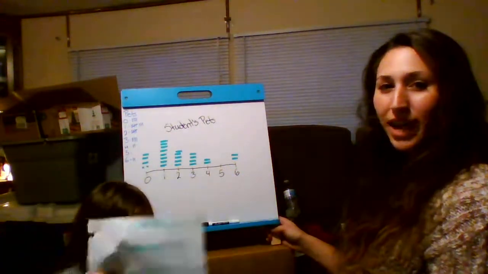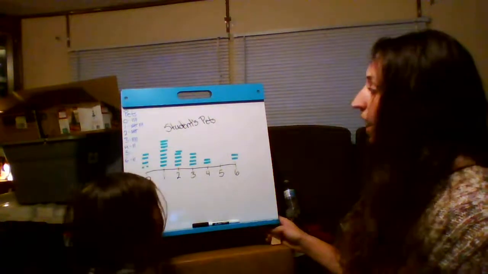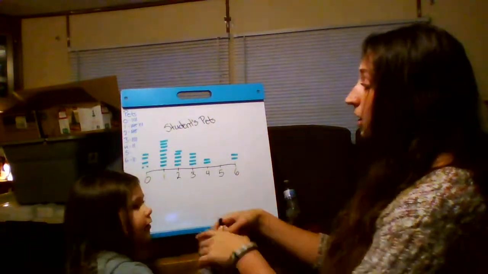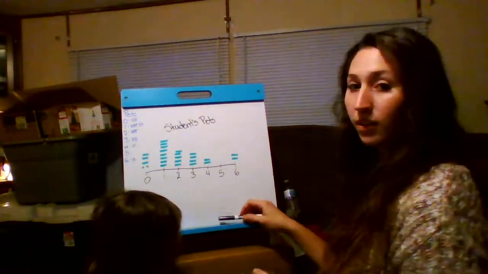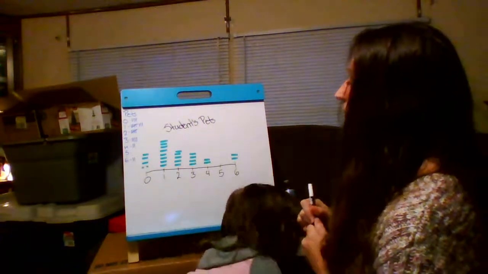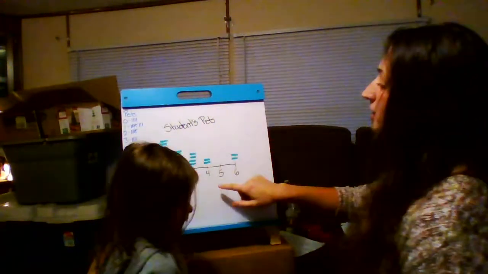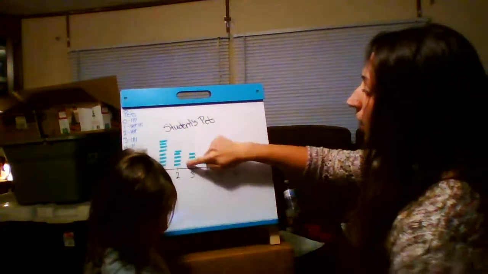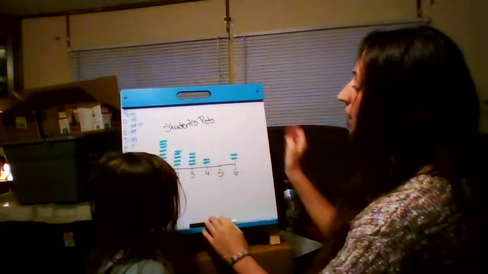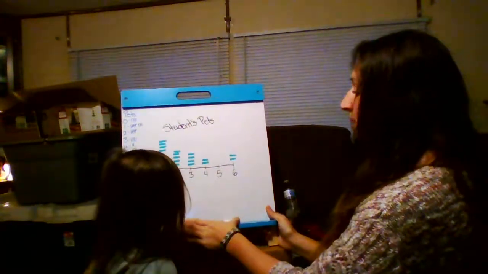Now, are there any downsides, do you think, to plotting our information this way? One thing could be that it's kind of hard to tell always how many are here. This is why your graph paper would help you.